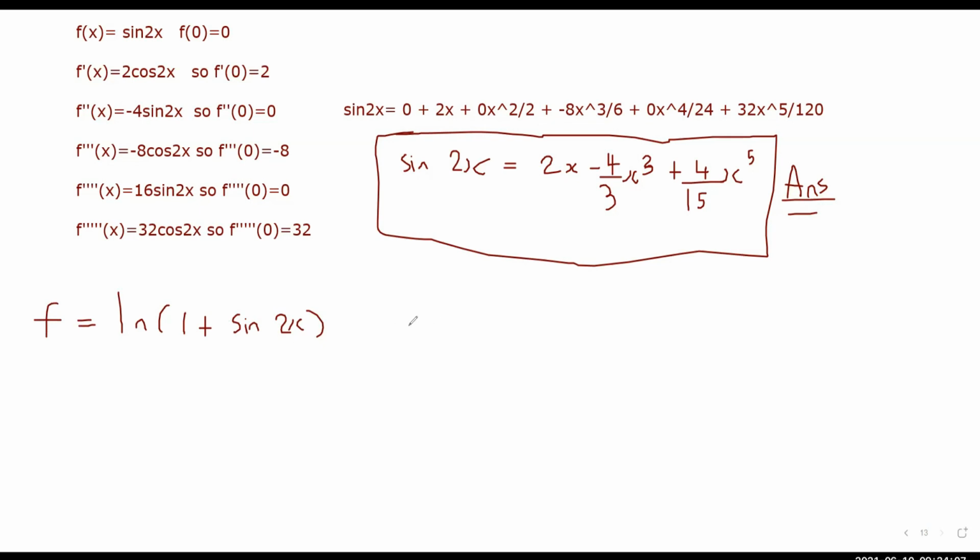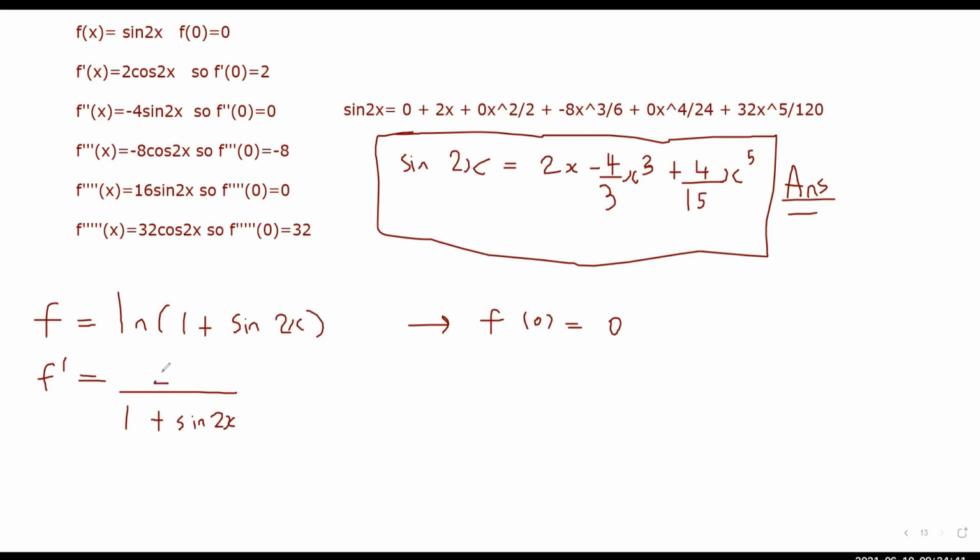If this is your f, then f of 0 would be, plug in 0 in here. The sine of 0 is 0, ln 1 is 0, so f of 0 would be 0. And what would be f prime? Your f prime would be equal to, when you differentiate ln, you get 1 over 1 plus sine 2x, but then you multiply it by the derivative of sine 2x, and the derivative of sine 2x is 2 cos 2x.